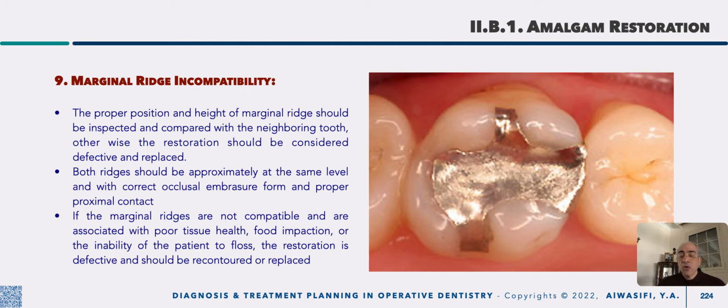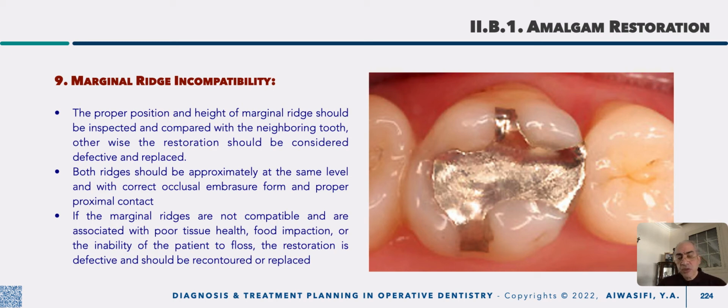Or it may be an older restoration undergoing flow and creep, which is a time-dependent deformation that destroys the anatomical form of your amalgam restoration.